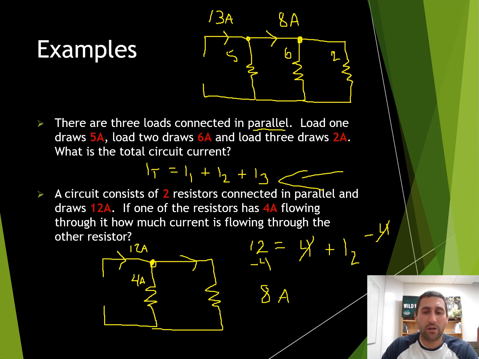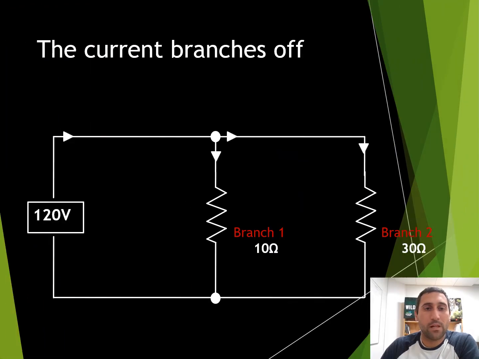Make sure you write amps on there. You might think of chickens if you don't label properly. So 8 amps is going to be our I2. The current branches off here.